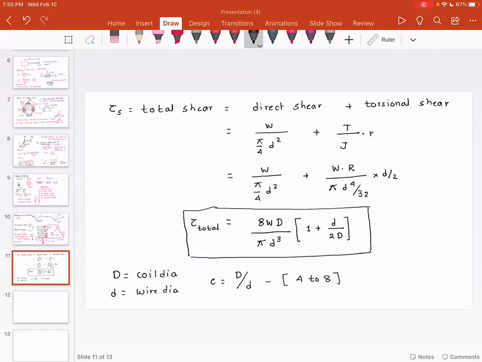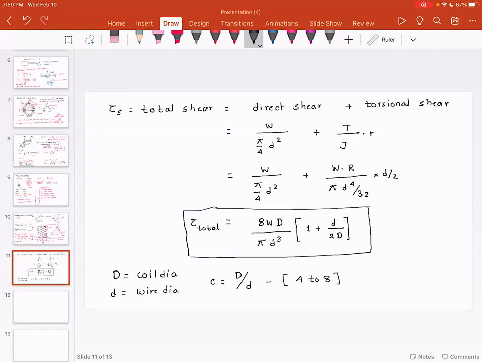The second is the deflection criterion: you have to make sure that the spring is safe in deflection. Once these two criteria are met, we should be able to find the design of a spring. But there is something else that usually goes on here.